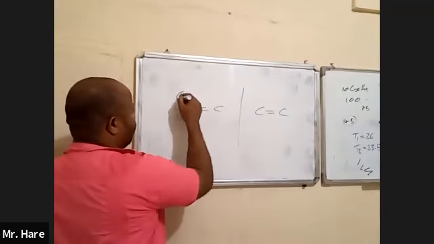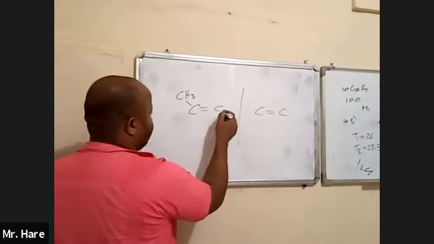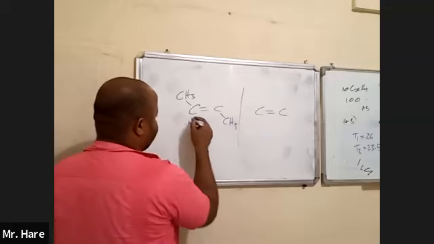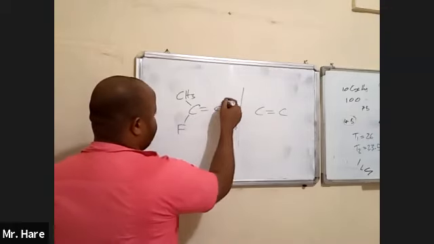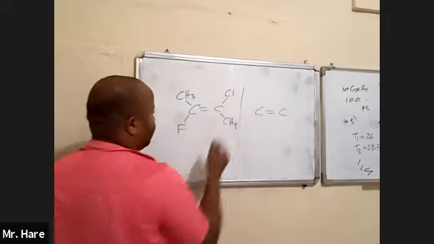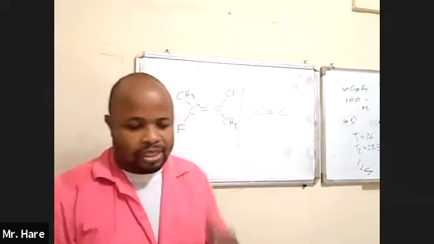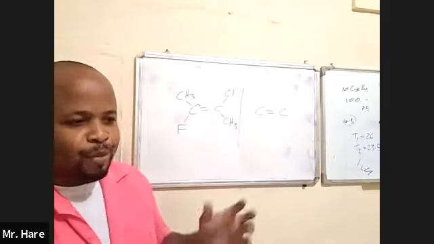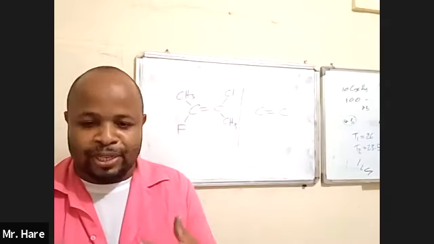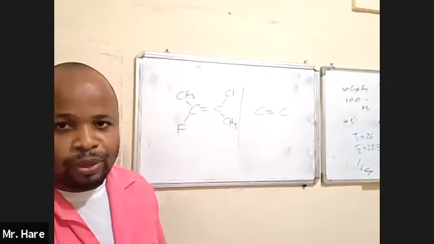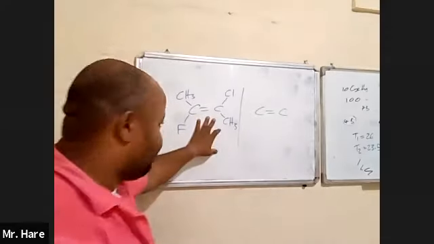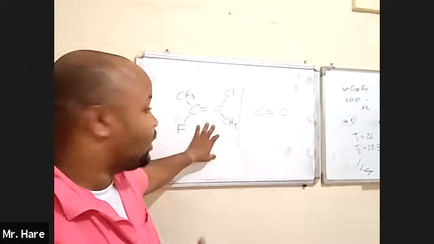CH3, CH3, F, Cl. Cis and trans are stereoisomers. It means that the atoms are bonded together in the same exact way. They just differ in their arrangement in space.